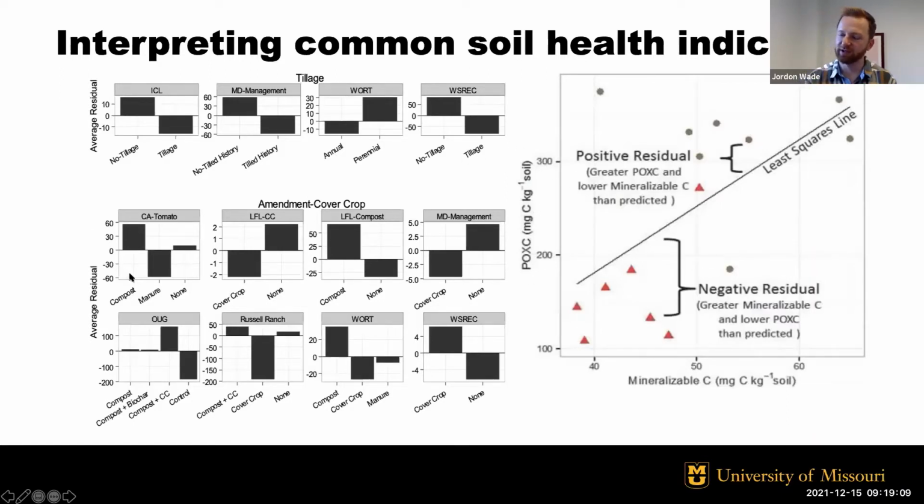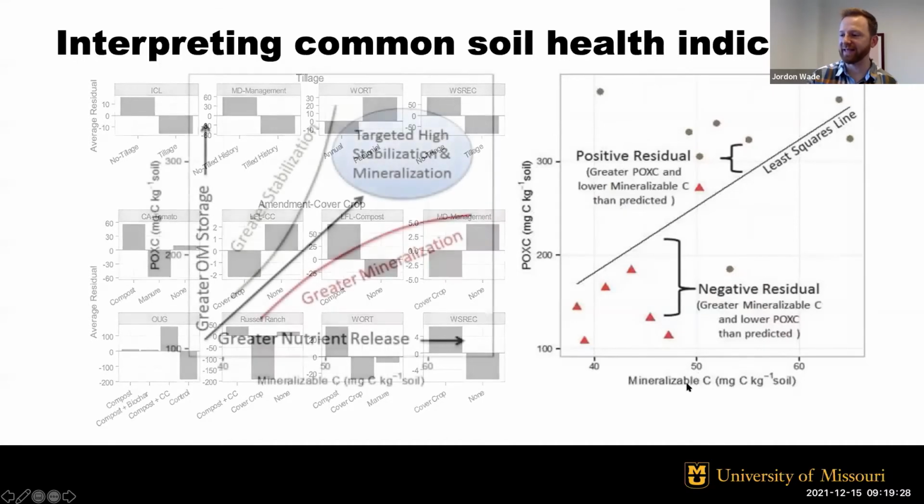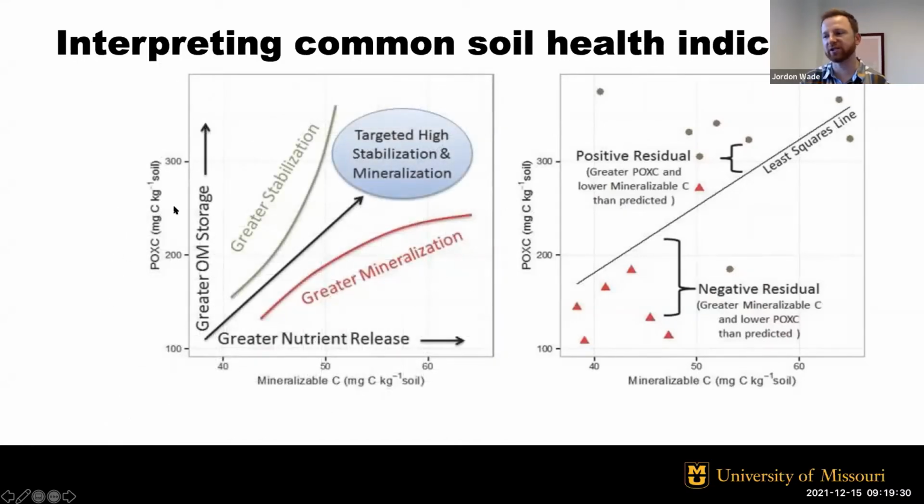Things like adding compost, no-till, or perennial systems ended up having more permanganate oxidizable carbon relative to the mineralizable carbon, relative to that respiration. What we found is that permanganate oxidizable carbon is representative of greater stabilization or building of organic matter, whereas respiration, that mineralization, is indicative of nutrient release.